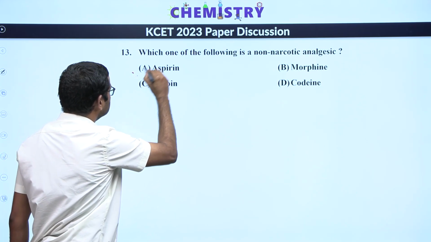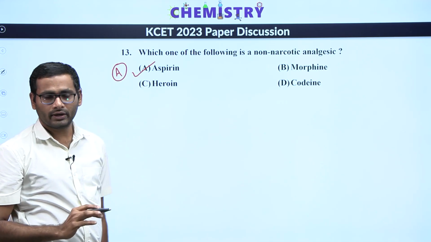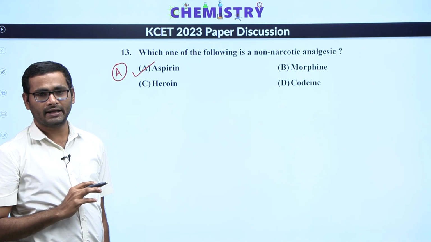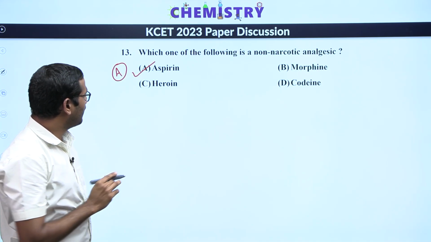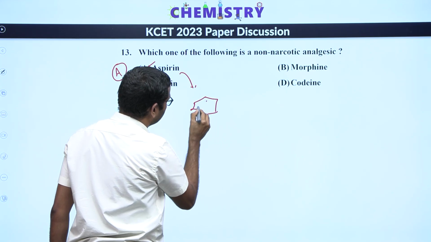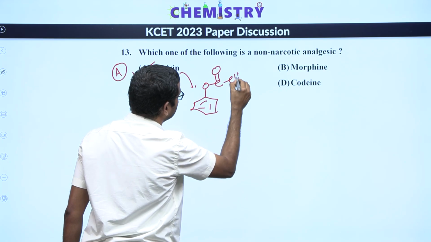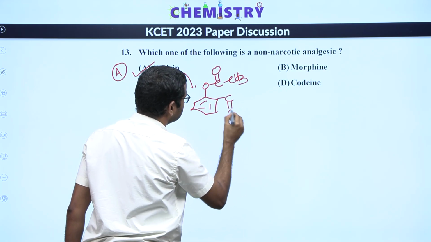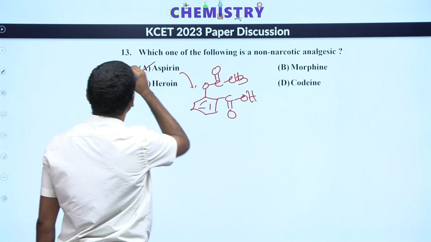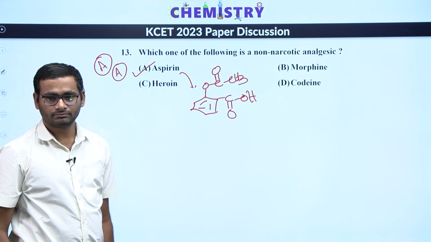Whereas aspirin, acetyl salicylic acid, is a non-narcotic analgesic and antipyretic, which reduces fever. Acetyl salicylic acid is an analgesic. Its structure has O, CO, CH3, C double bond O, and OH. So the answer for 13 is A.